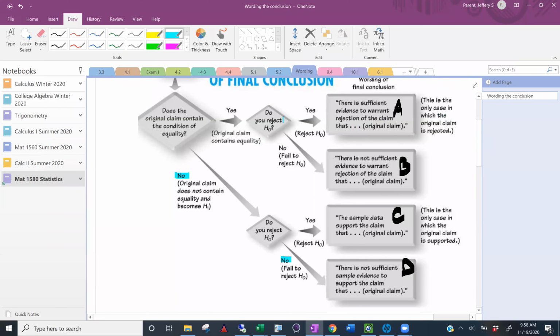So let me look back at it with us. Unless you disagree, I think the original claim is the alternative hypothesis. And that puts us down here for our first decision. And then certainly we didn't reject, so that puts us even further down for our second decision, which is D. All right, awesome, thank you. You're welcome.